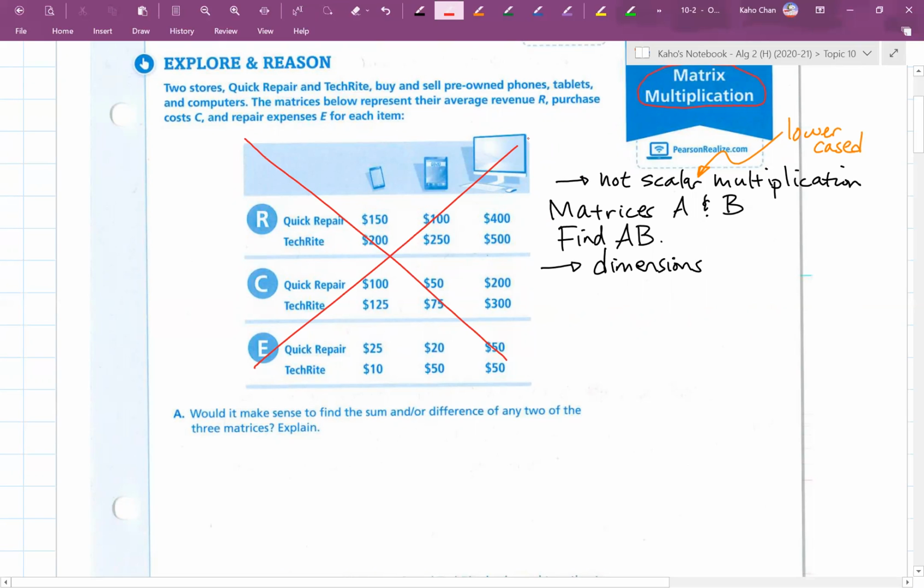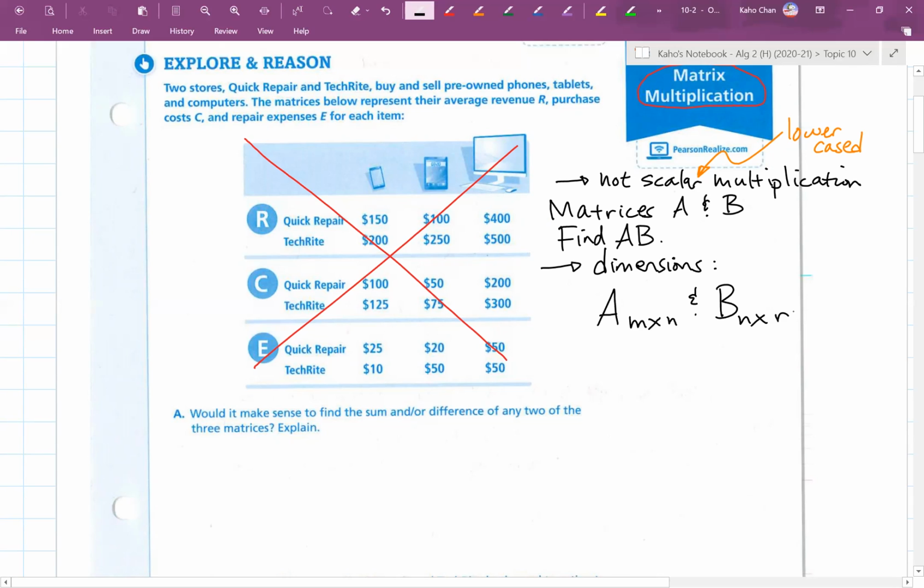Now, the dimensions, when you are multiplying matrix A with matrix B, are as follows. Let's say matrix A has dimensions m by n, and matrix B has dimensions n by r. Remember, the first number is the number of rows, the second number is the number of columns.